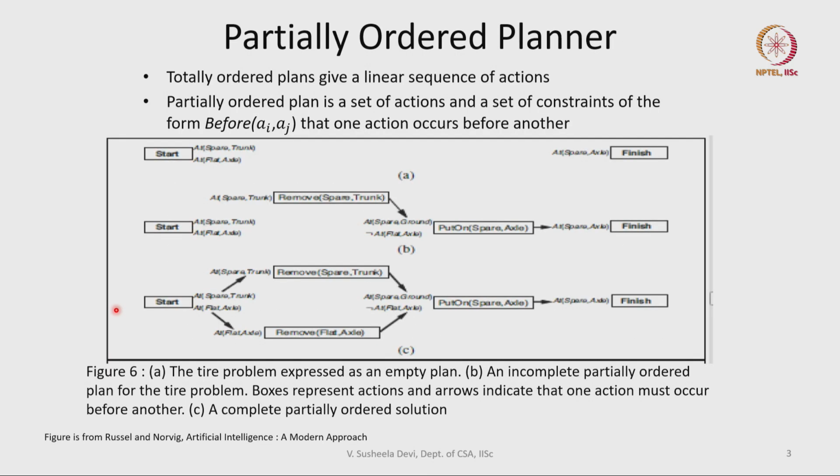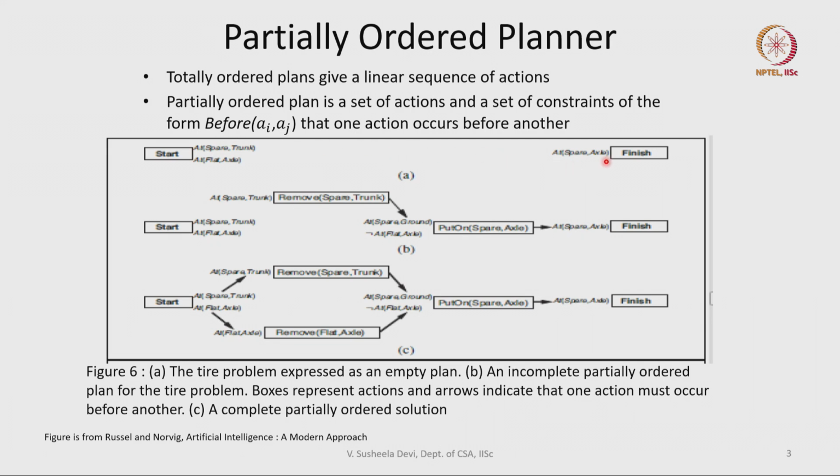So if we look at this particular example that is given here, this is the tire problem. Okay, so at the start state we have the spare in the trunk, and the tire which is flat is at the axle.